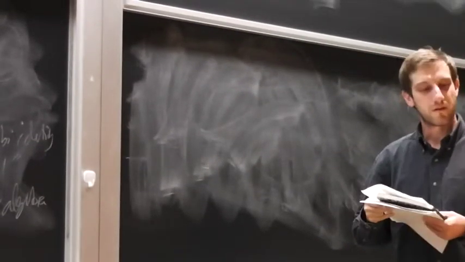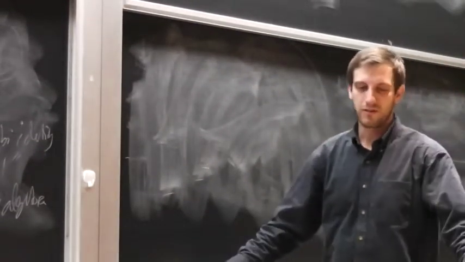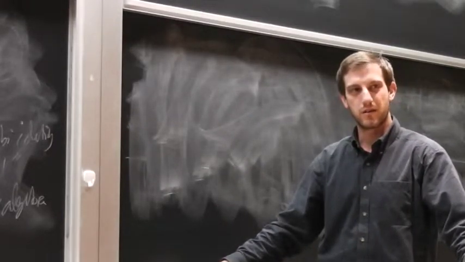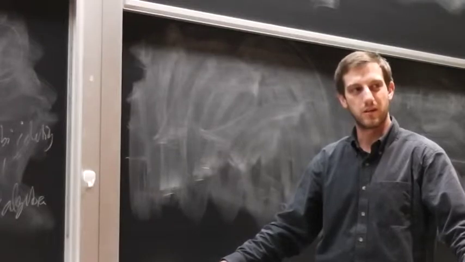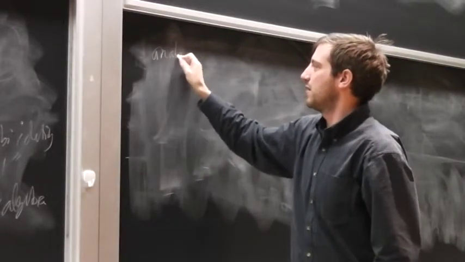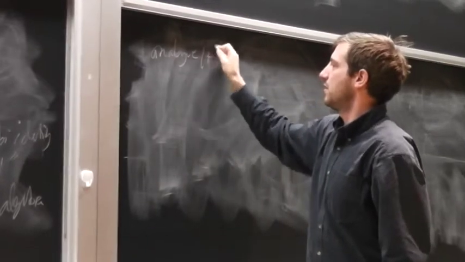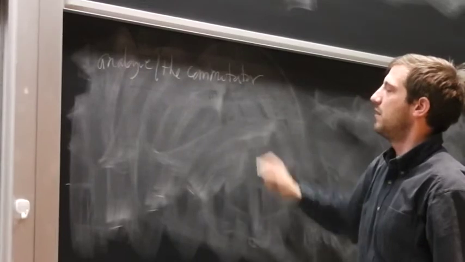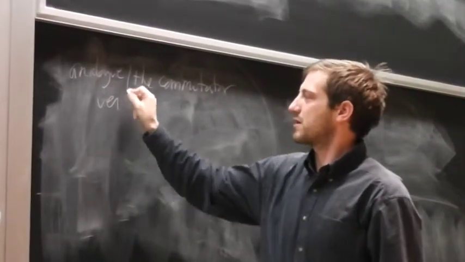Now, every Lie algebra, it should say every Lie algebra. In the beginning, I took an associative algebra, I took commutator, and I showed that it satisfied the Lie algebra Jacobi identity. So I want an analog of the commutator. So I have a vertex commutator.